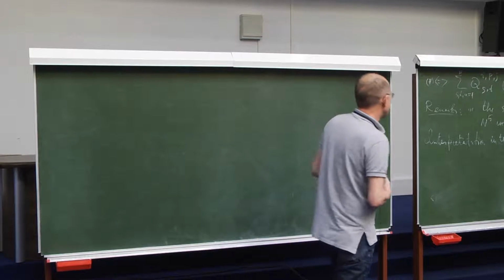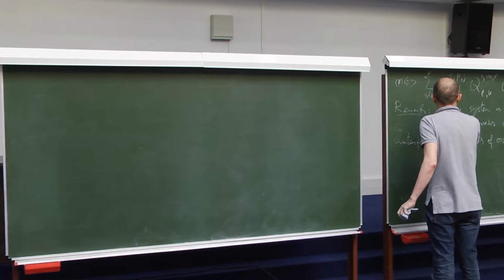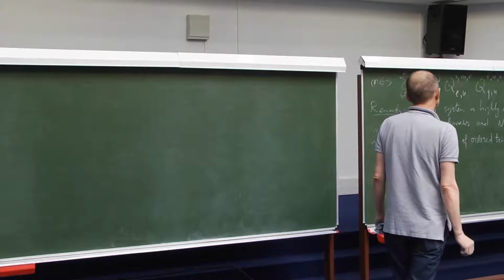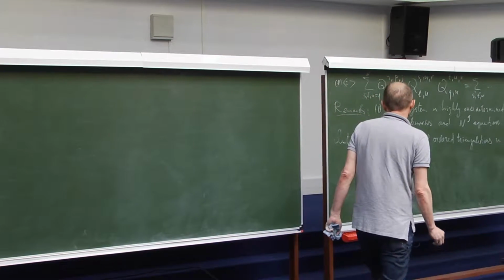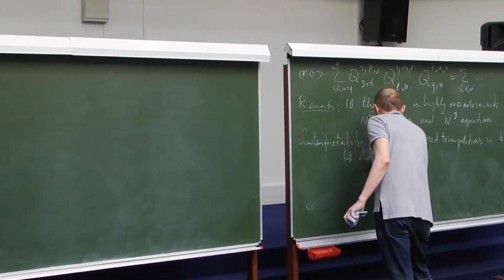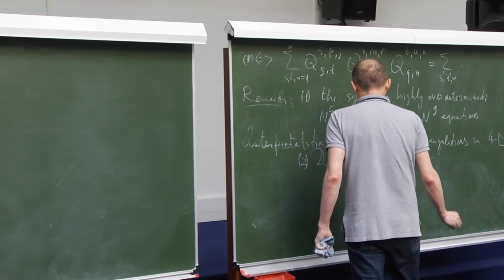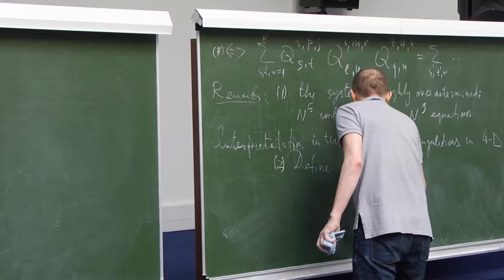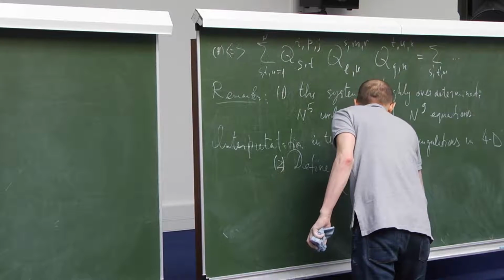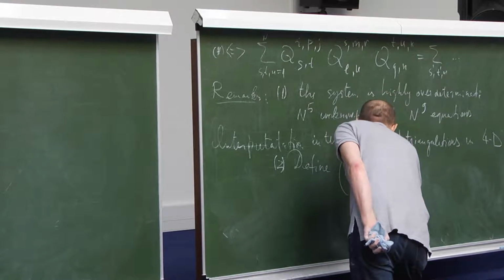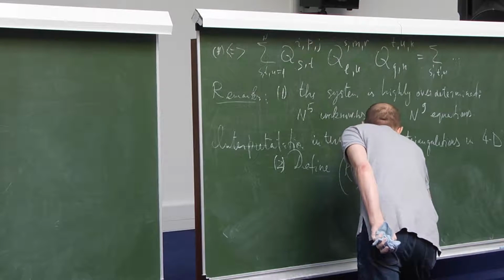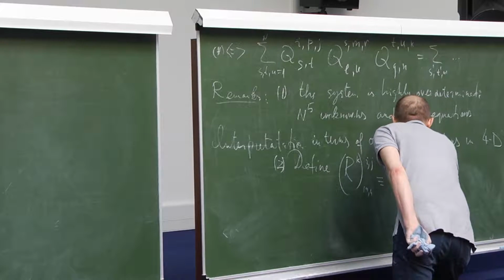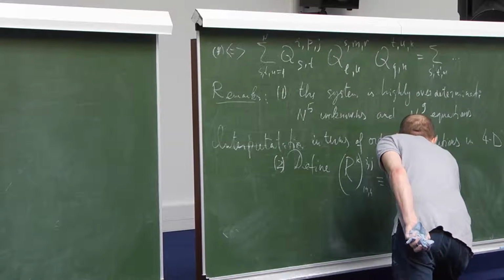Okay, so maybe that was the first remark. Maybe the second remark will be useful. So we can define R with index k, and the rest I interpret as matrix elements ij, mn, to be just Q, I, J, K, Mn.